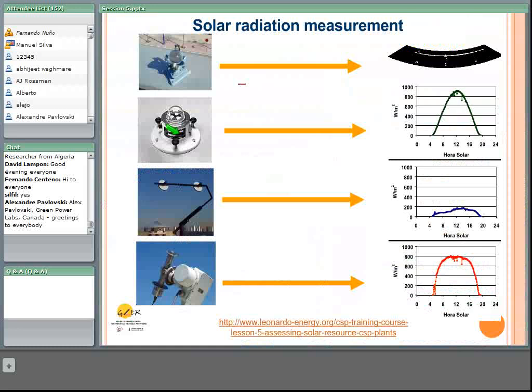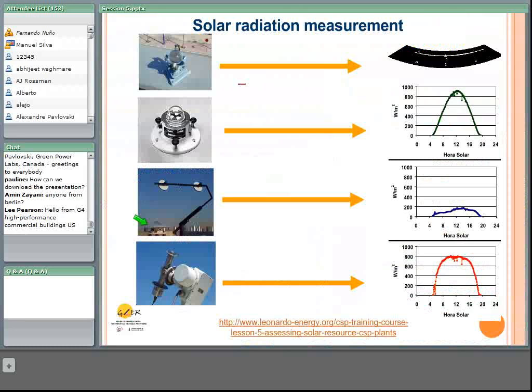Then we have the pyranometer. There are different types of pyranometer. I won't go into details. The pyranometer measures global irradiance. In case it's placed on a horizontal surface, we get the global horizontal irradiance. Here we can see a typical curve for global horizontal irradiance on a clear day. If we block the direct component, the beam component, using some kind of shadow disk or shadow band, we can measure the diffuse irradiance with the pyranometer.